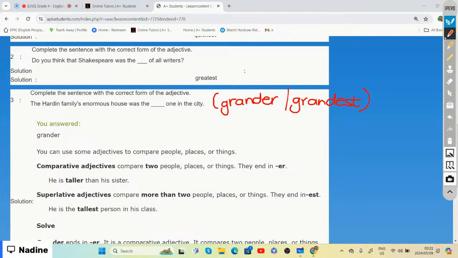So, do we say that the Harden family's enormous house was the grander house in one city, or the grandest in the city? So now this is being compared to literally all of the houses in the city, basically. So do we say it's grander or grandest?